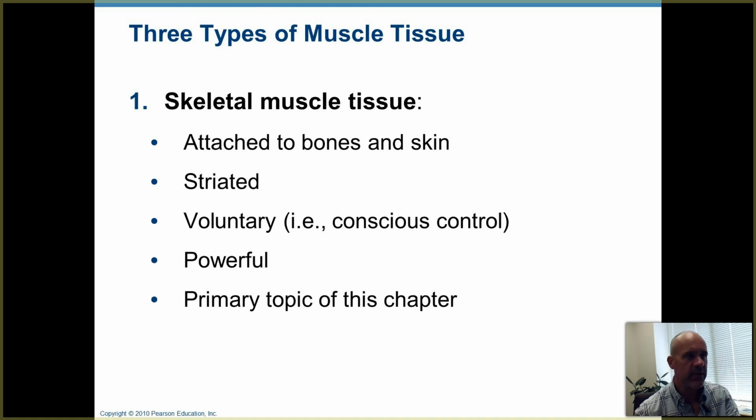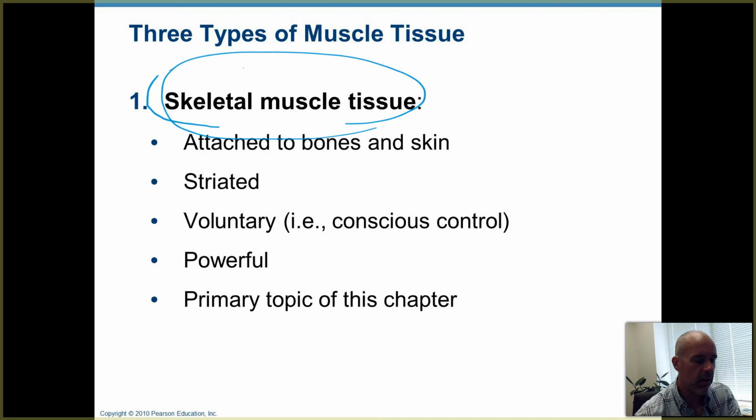So we will review these three types of muscle tissue, but just keep in mind the vast majority of our time here in Chapter 9 we're going to be spending on skeletal muscle tissue, as you see here on the first slide.